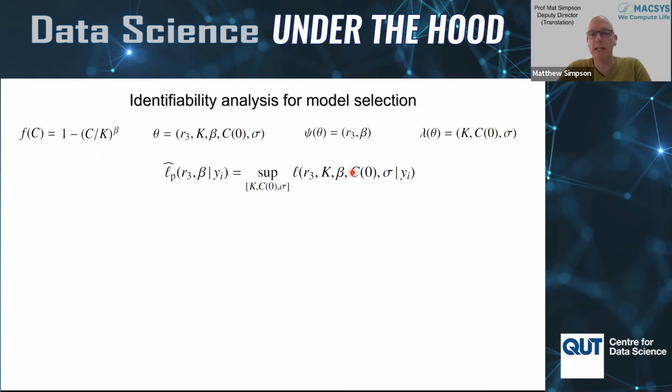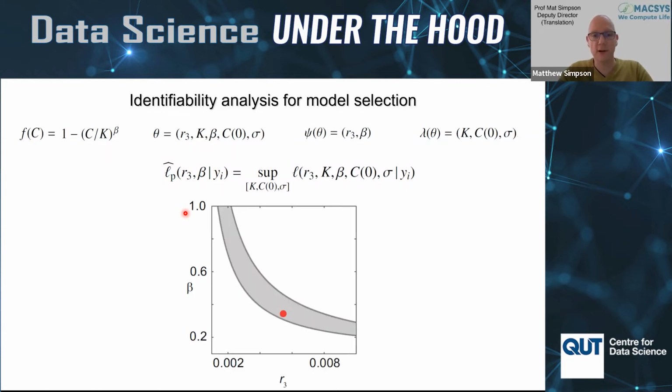I can optimize out the other parameters, and then I can get a visual assessment about any trade-off or relationship between these two parameters. If I do that, and I look across a square mesh and a range of growth rates and a range of exponents, what I can see here in red is the maximum likelihood estimate.